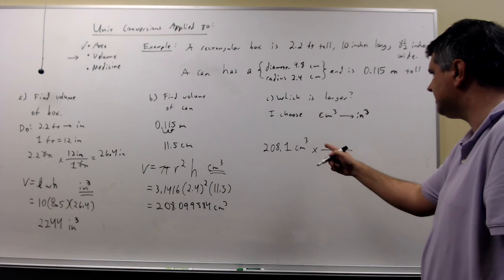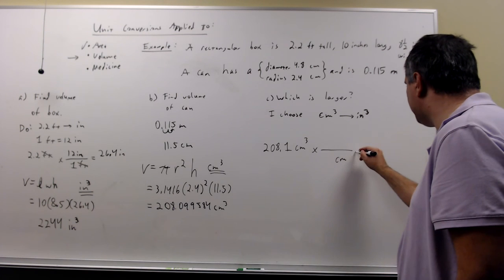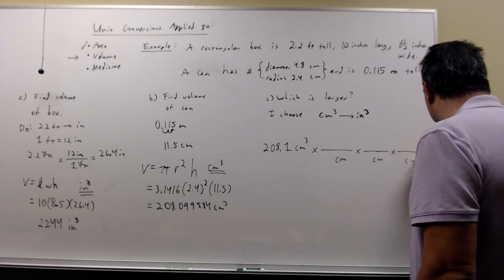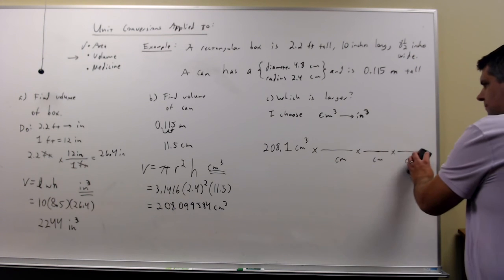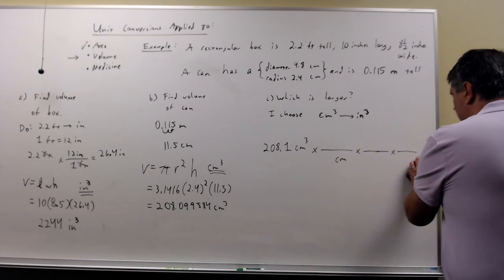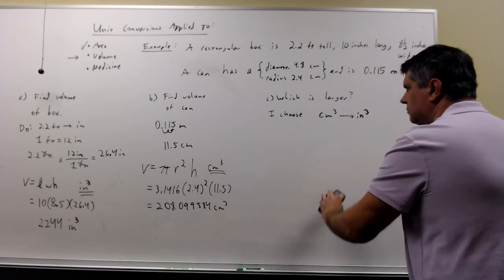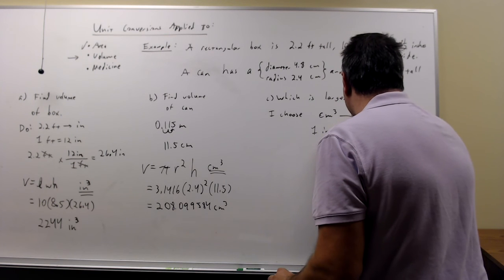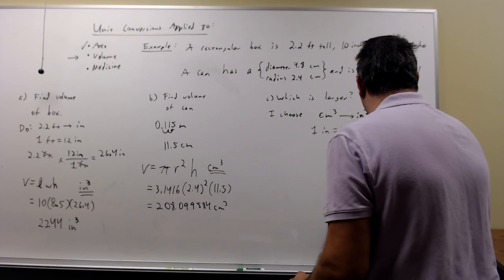Because that's centimeters cubed, I'm going to need centimeters in the denominator 3 times. So I'm going to use the fact that 1 inch equals 2.54 centimeters.